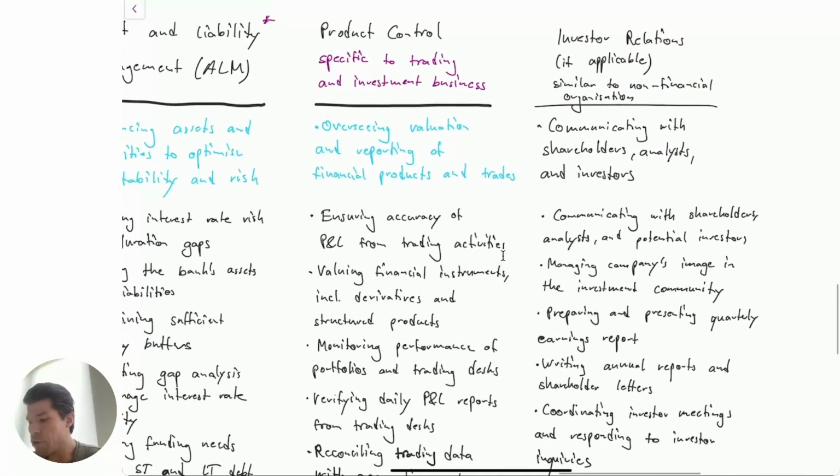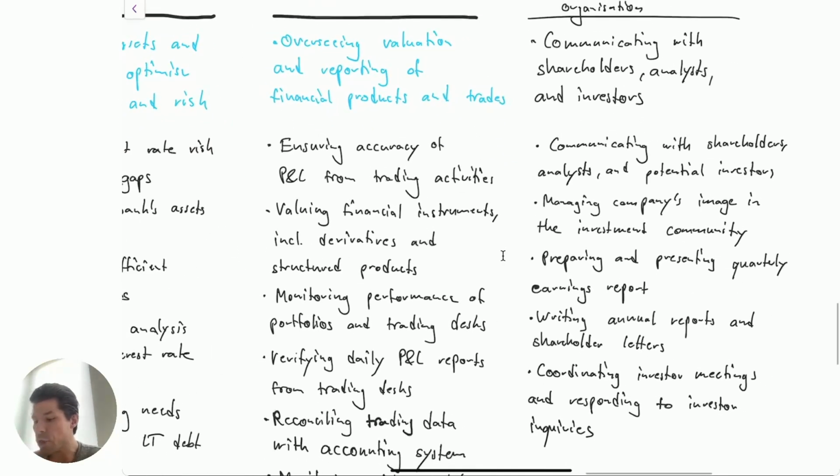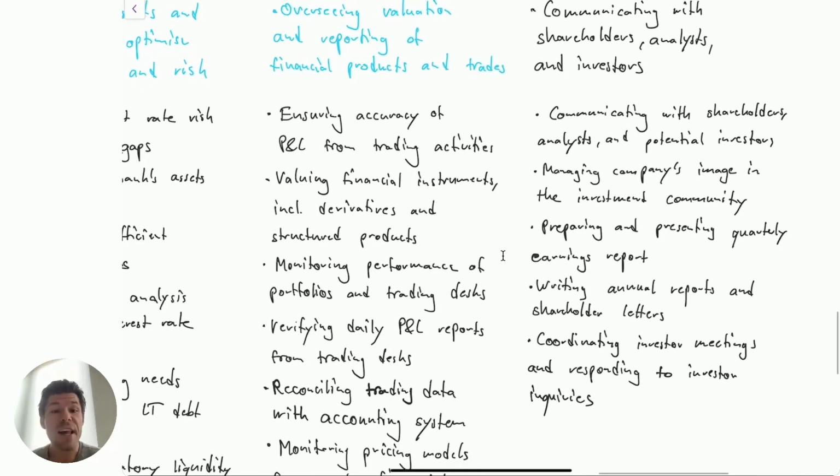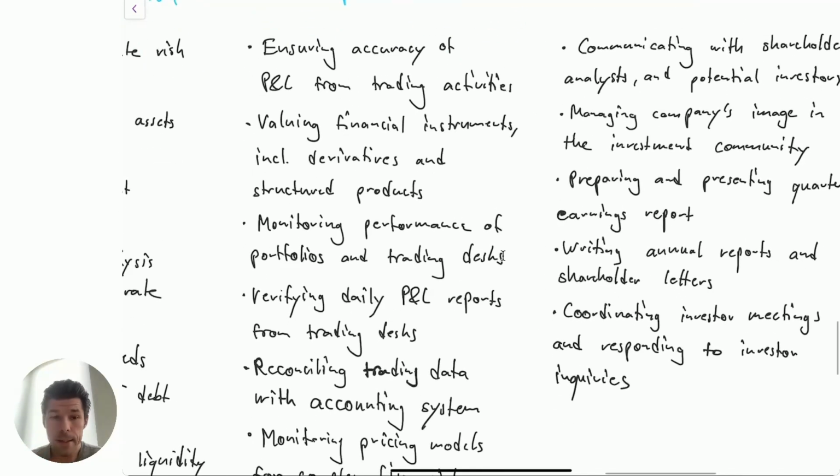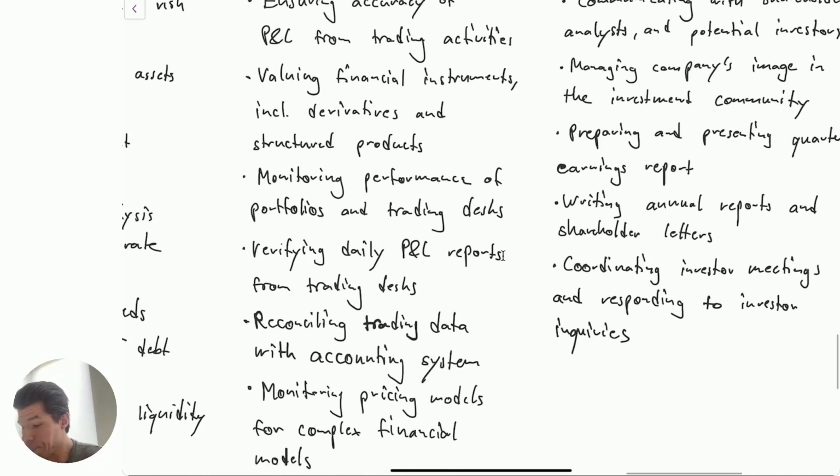If we talk about a trading and investment business, then usually we have a type of product control department that really looks at those financial products and trading activities and oversees the valuation and reporting of those. So it would ensure the accuracy of profit and loss from trading activities. It would value those financial instruments, including derivatives and structured products. It would monitor the performance of portfolios and trading desks.